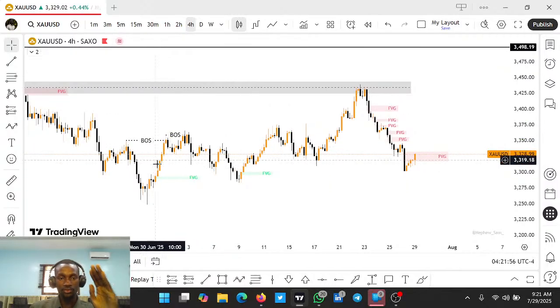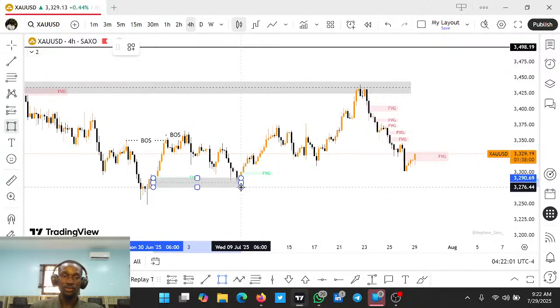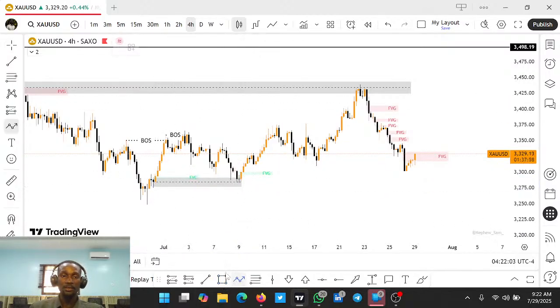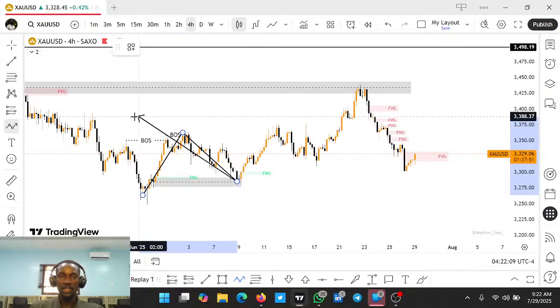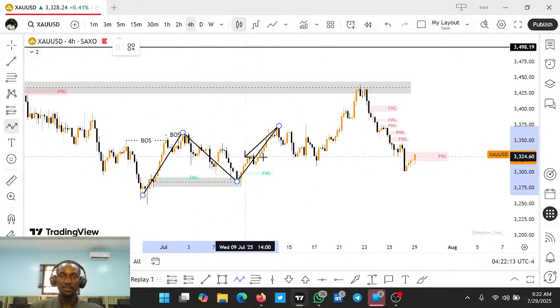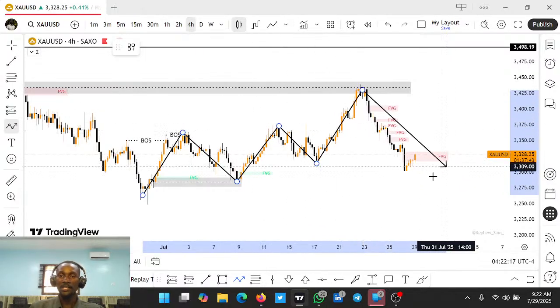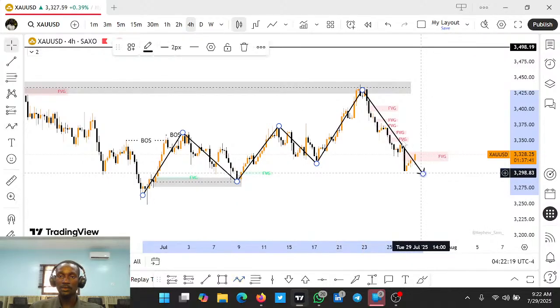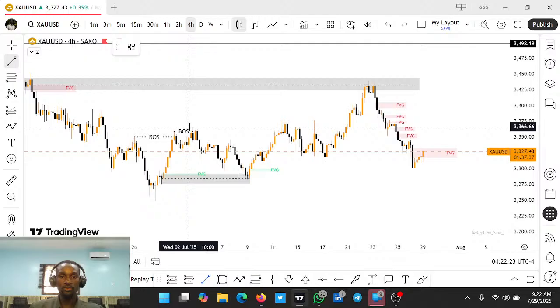Now, when there is a break of structure, there must be an origin that gave us that break of structure. You can see gold broke structure and came back to the origin that broke that structure. Then it broke structure again at this recent structure, and came back to the origin that broke the structure. Now gold is retracing back to the origin that broke the structure. So on the 4 hour time frame, we're having a break of structure to the upside.